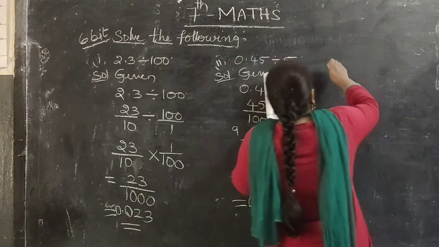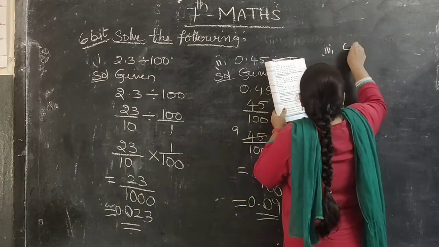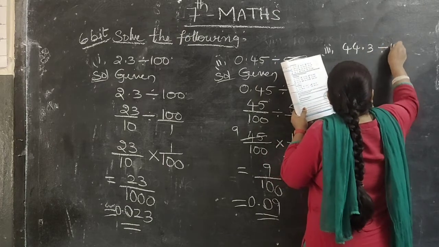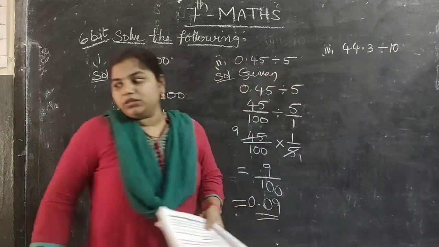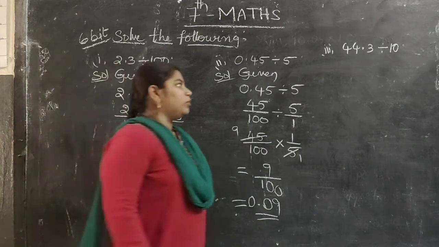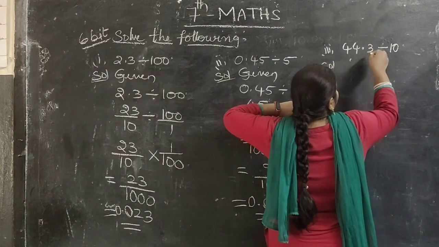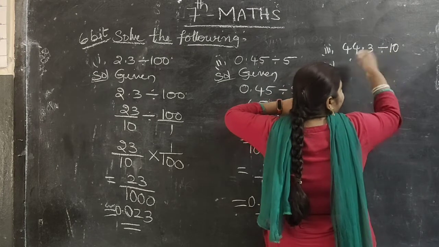Next is 44.3 divided by 10. So 44.3 we can write in the form of 443 by 10.